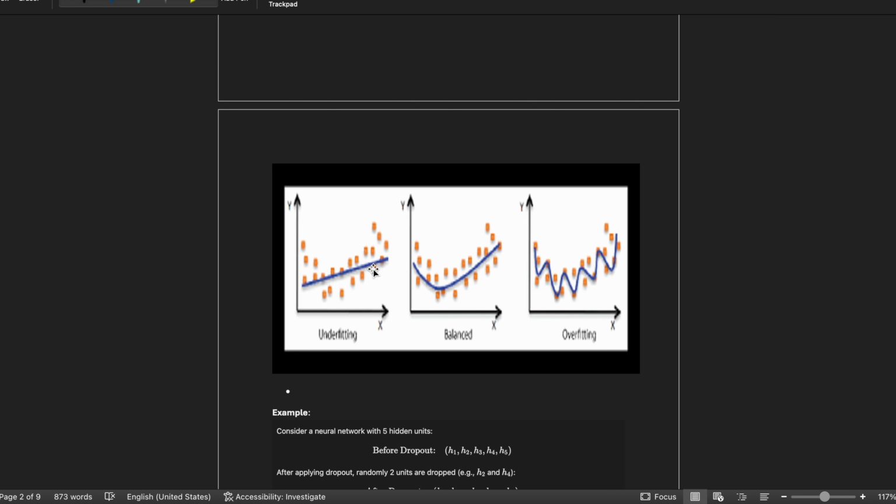This is underfitting: the neural network is not complex enough. We are not giving enough neural nodes or hidden layers for our data to fit well. This one is a curve, but a balanced curve.